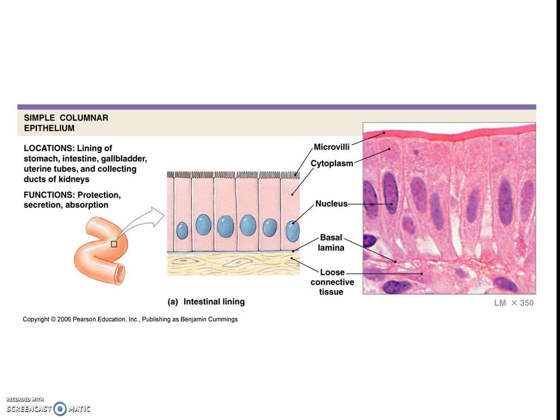Particularly these cell shapes will really come into great usage next semester when we talk both about the kidney and what's going on in areas called the nephrons, and when we talk about the digestive system, they'll become very, very important. But right now it's just time to learn the types of tissues and how to identify them.